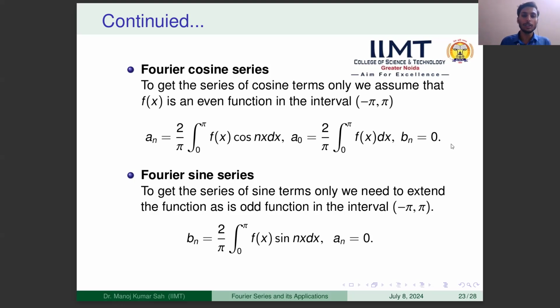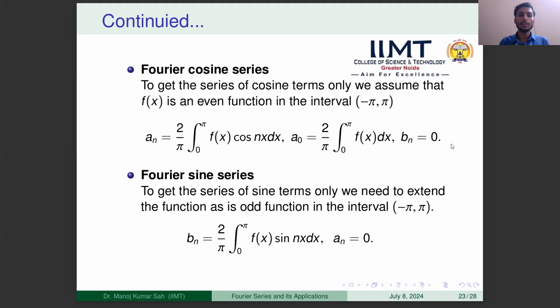But in the second case, what will happen? Outside of the range 0 to pi, we consider that the function is an odd function. It means that you have constructed or drawn the function in the interval minus pi to pi so that it is symmetric about the origin.